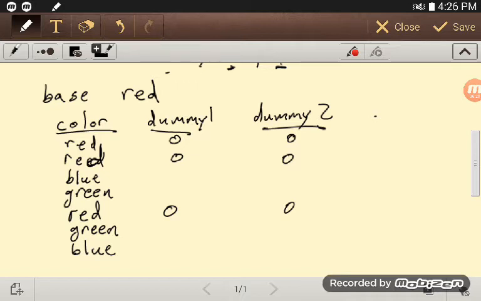Now, dummy 1, maybe that corresponds with green, and dummy 2, that corresponds with blue. And so now for green, this one would be a 1 because it is green, and that one is a 0 because it's not blue, and a 1 and a 0.